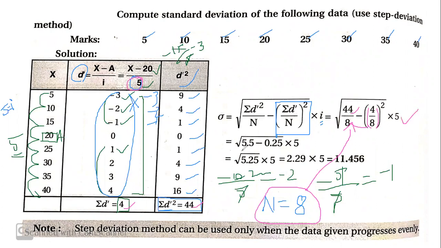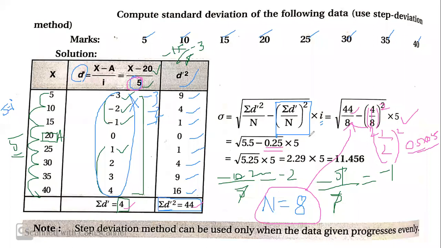Now the next step: square root of 44 divided by 8 is 5.5, minus 4 by 8. This is nothing but 1 by 2, right? 4 ones are 4, 4 twos are 8. So 4 by 8 whole square: 1 by 2 can be written as 0.5, so 0.5 into 0.5, for squaring, gives you 0.25, into 5.